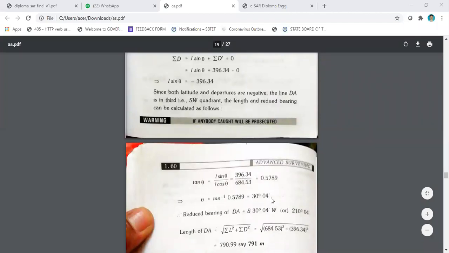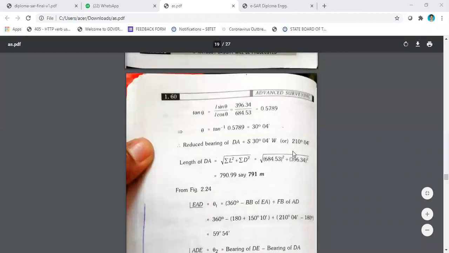When you calculate this angle, you will get 30 degrees 4 minutes. Therefore it is in the southwest quadrant, so the bearing is south 30 degrees 4 minutes west. You can also convert it into whole circle bearing. Again, you have to go through the whole circle bearing and quadrantal bearing in compass surveying.